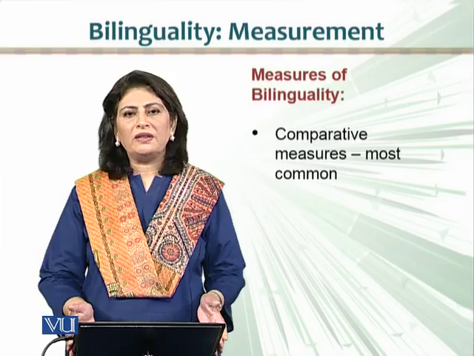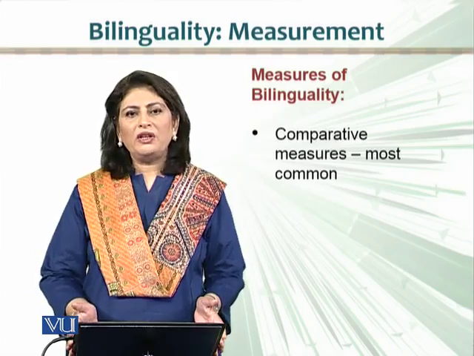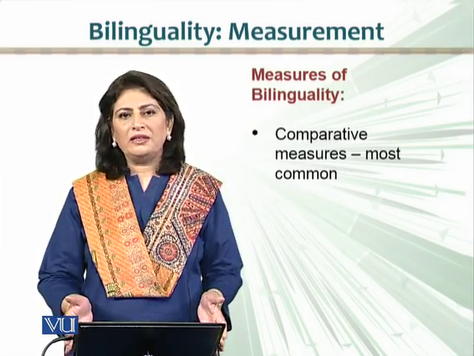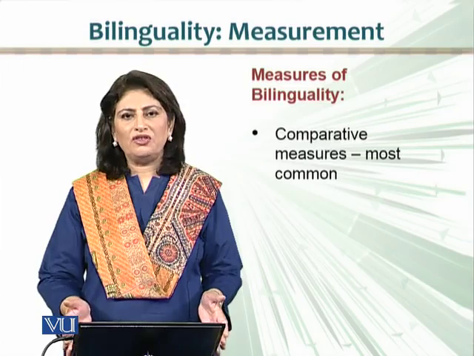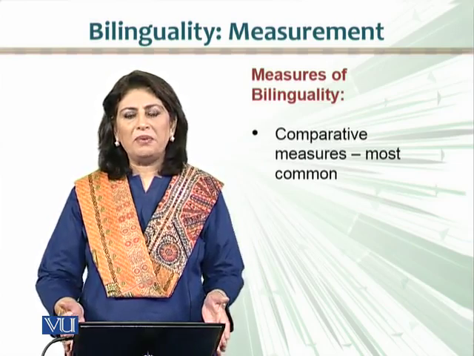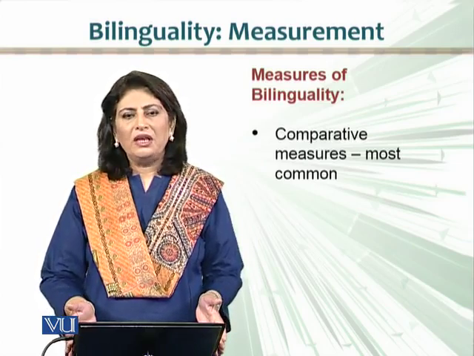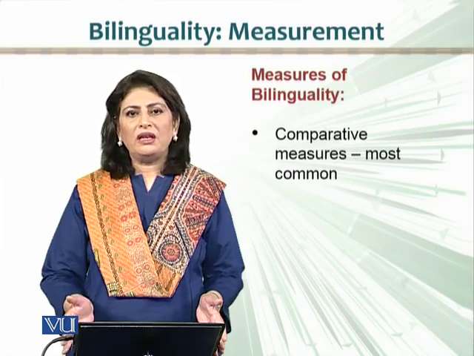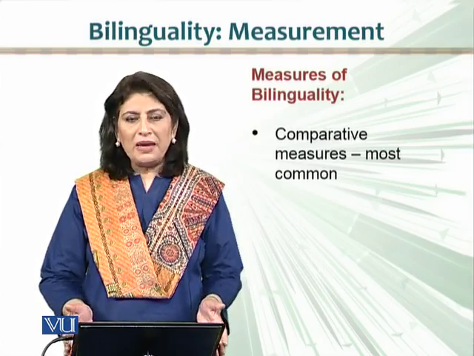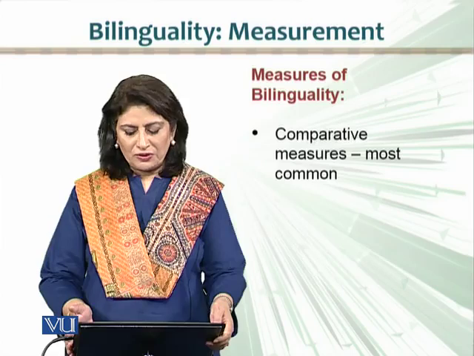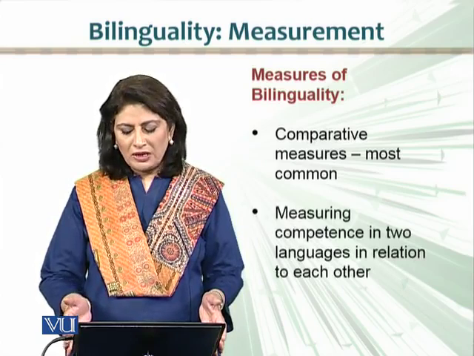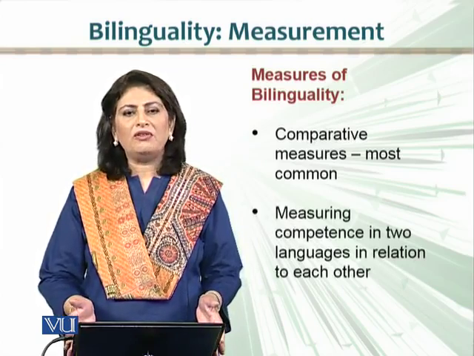What we do in this is try to come up with certain features, like we talked about, certain linguistic items within each language that the person knows, and then we compare those items with each other to see how competent that person is comparatively in the two languages. So what we are trying to do is measure competence in two languages in relation to each other.